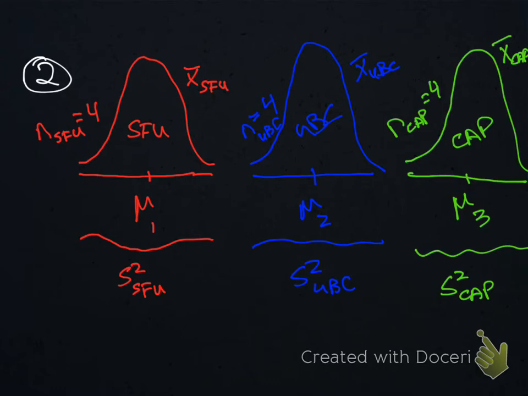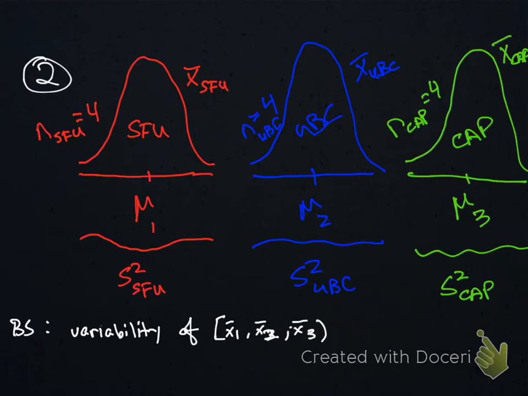The variability between subjects refers to the variability of our sample means. So this would be the sample means of SFU, UBC, and CAP, respectively.